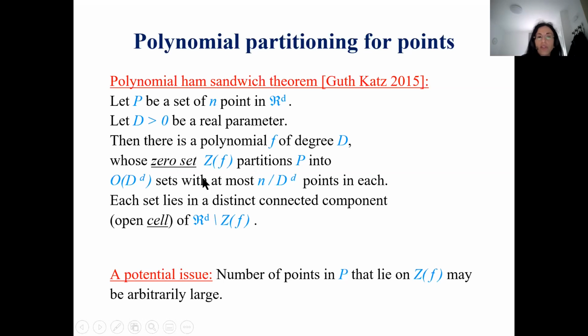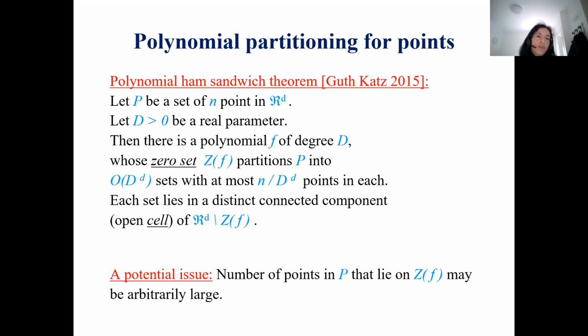So the zero set partitions P into D^d sets, and each of them contains at most n over D^d points of the input P. And each of these sets lies in a distinct connected component of the complement of the zero set. This is what we refer to as cells.